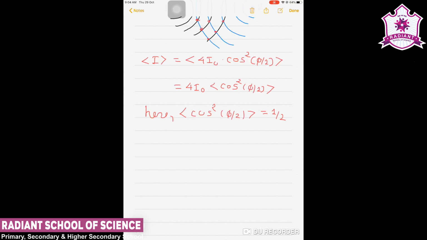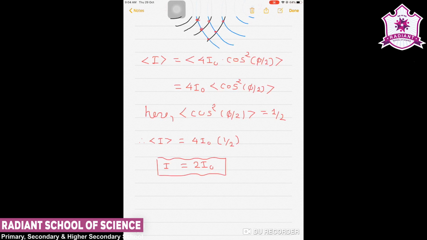Therefore, when we take the average of this intensity, we have 4I0 into 1 by 2. That will be, we can say, the resultant intensity represented by 2I0. So that is the case we have.